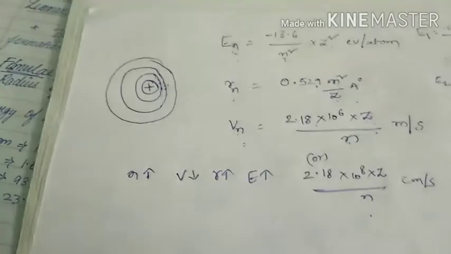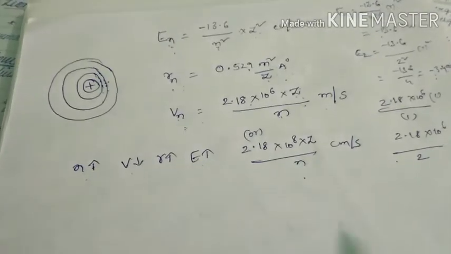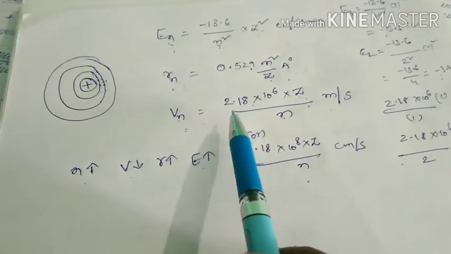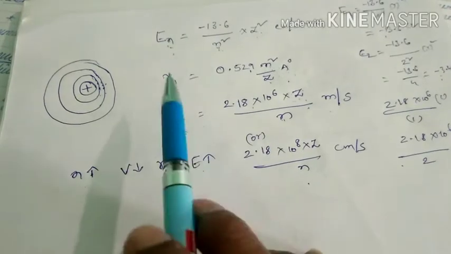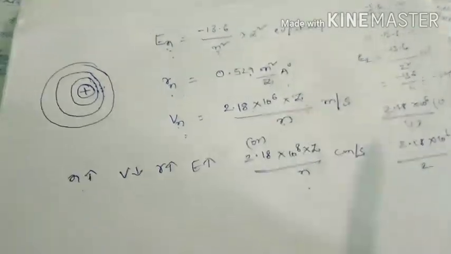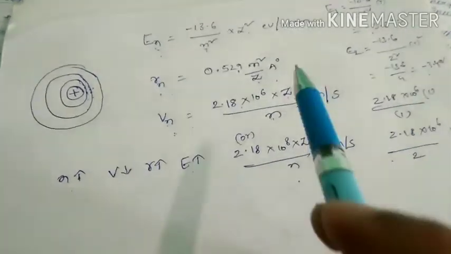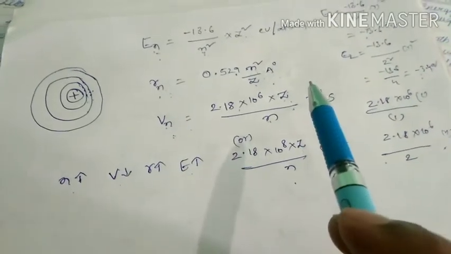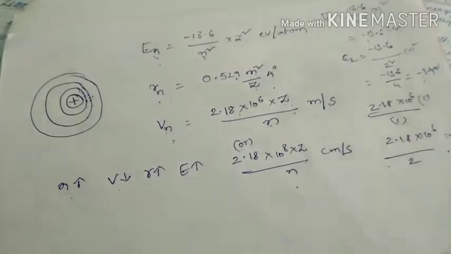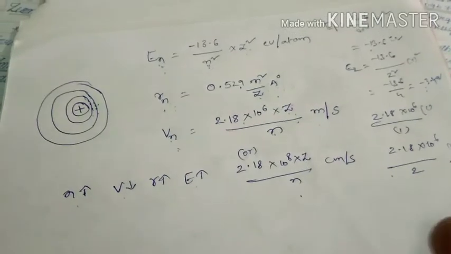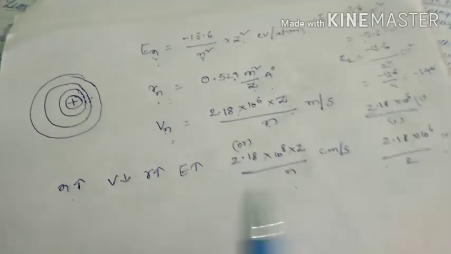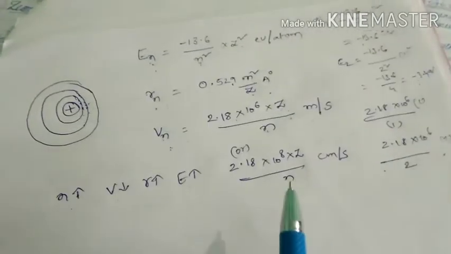Next, one more point is there. Sometimes in numericals, when energy is mentioned, there is a question such as: calculate energy in joules, calculate energy in ergs, calculate energy in calories. Sometimes we may face such types of questions.